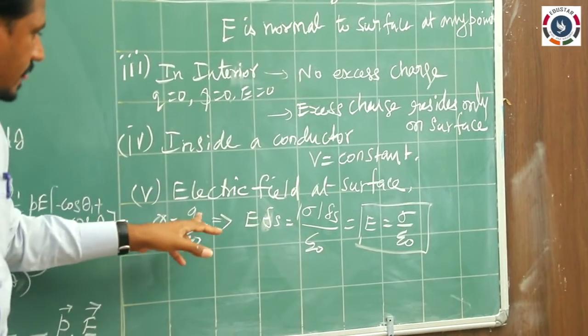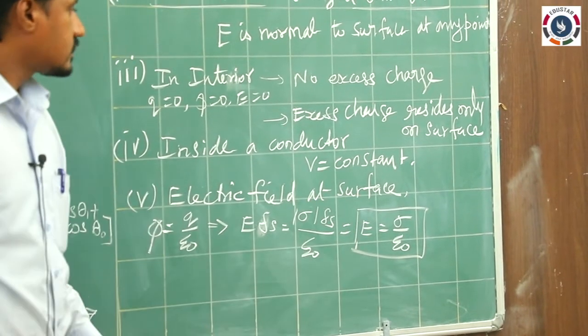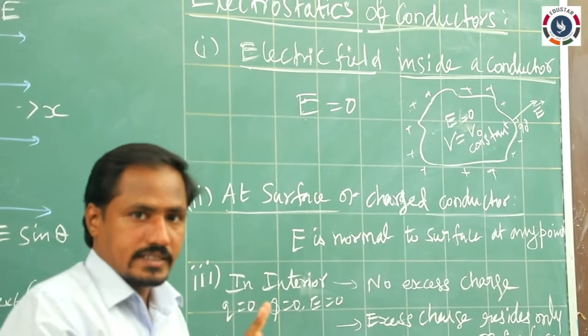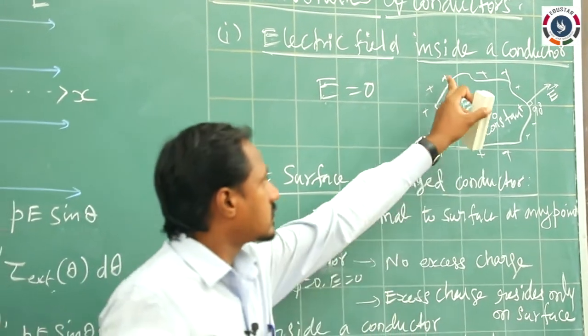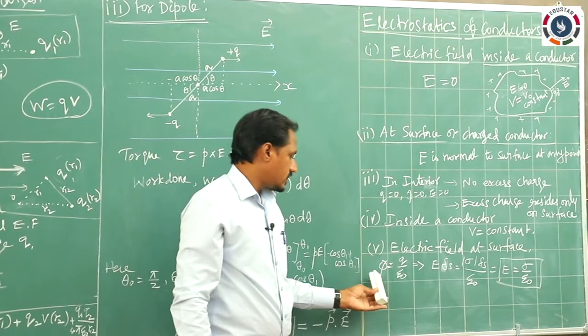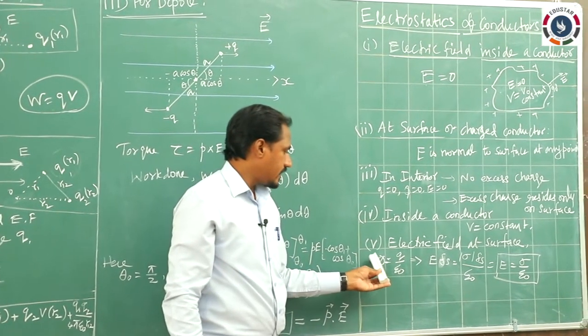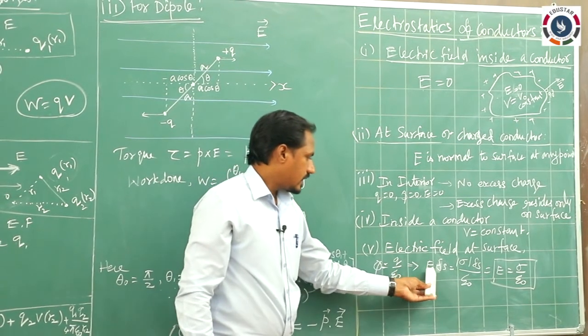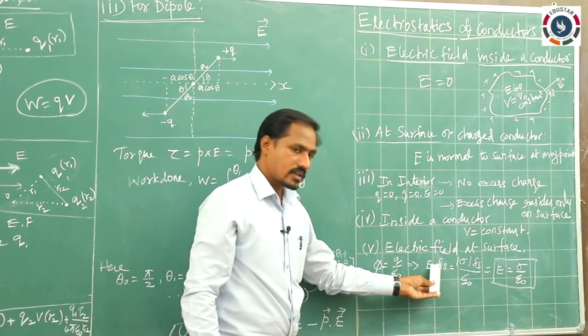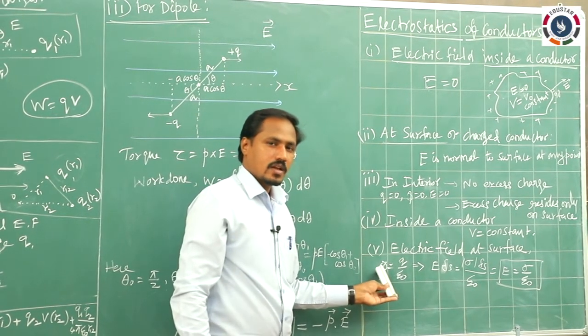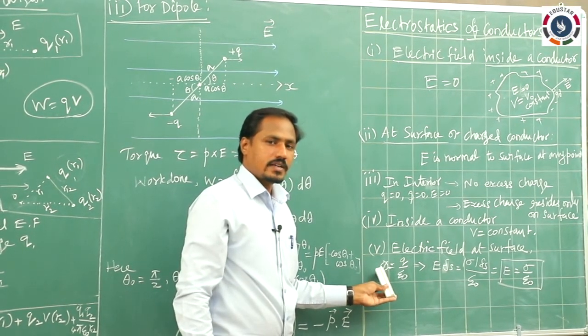The fifth one is the electric field at the surface. The electric field at a point on the surface is not 0; only inside it will be 0. At the surface we can write phi equal to Q by epsilon naught, where phi is the electric flux through the surface vector. We know the electric flux definition: phi equal to E ds cos theta, or E dot ds.